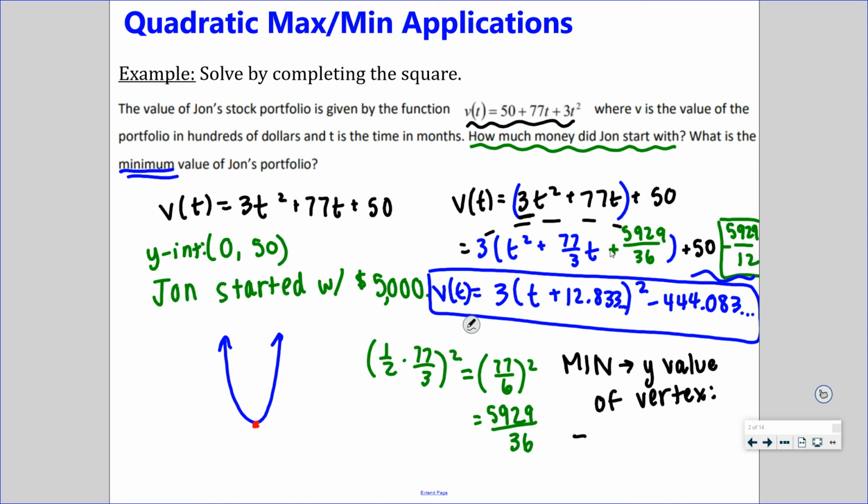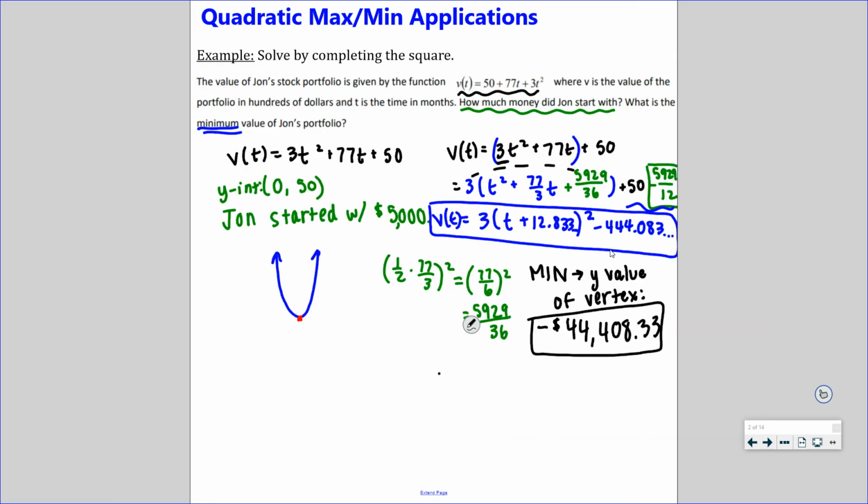So it's negative, and then in hundreds of dollars, times that by 100, we get this number. So that's my min. So he was obviously at a loss. Loss of money, John.